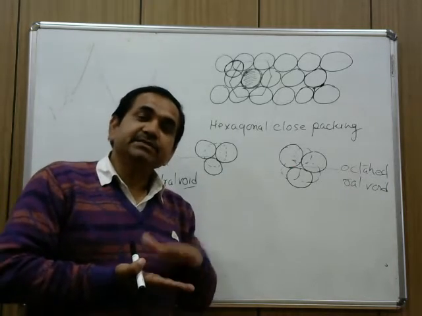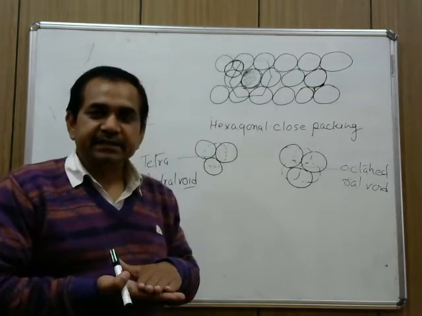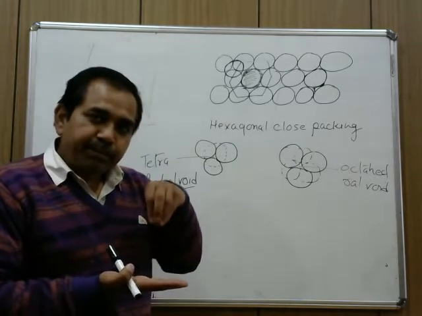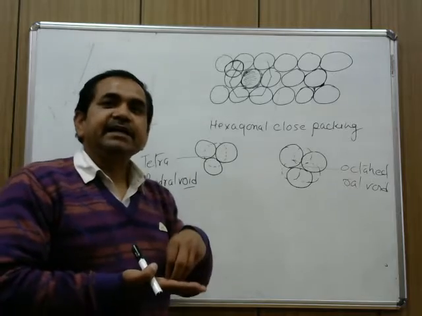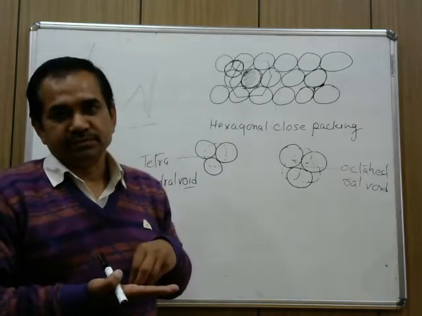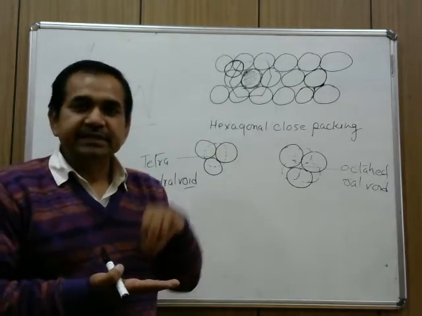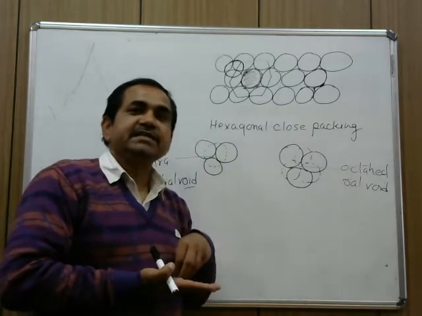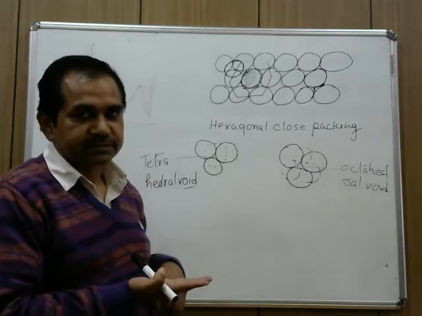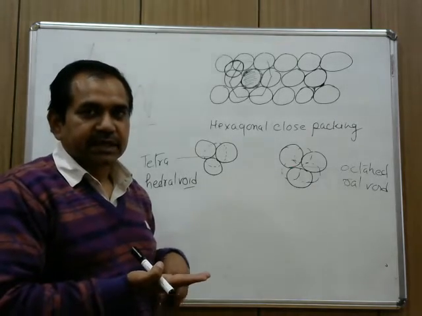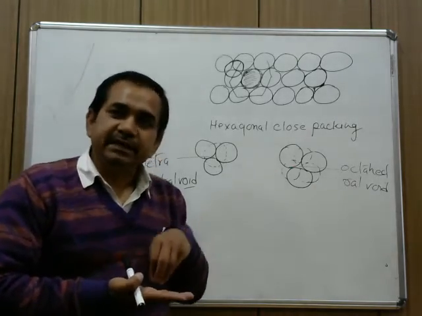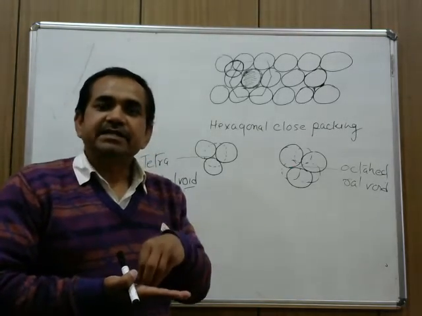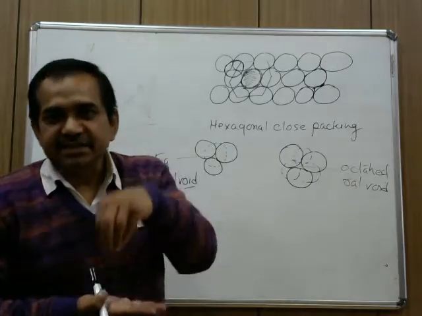If spheres of the third row are stacked by placing them at the tetrahedral voids of the second row, then the third row is actually identical with the spheres of the first row, and this gives rise to a crystal lattice which is called a hexagonal close packed structure.